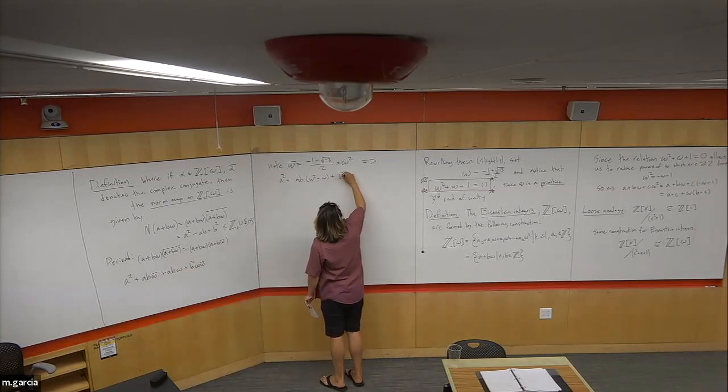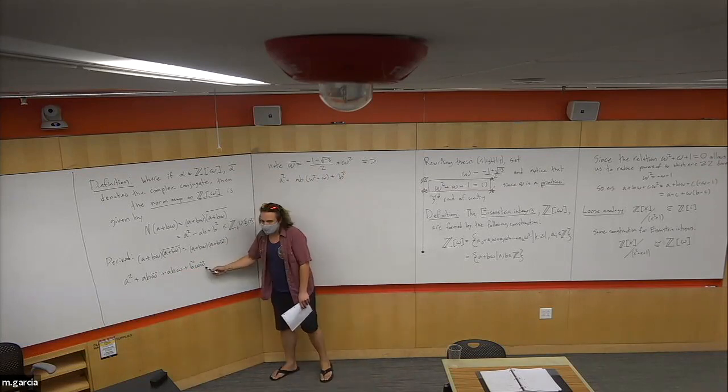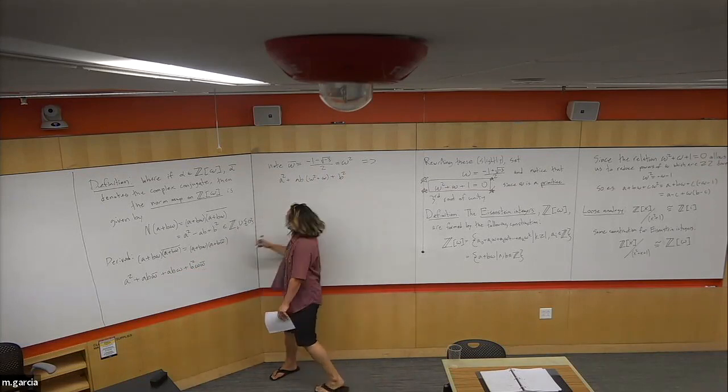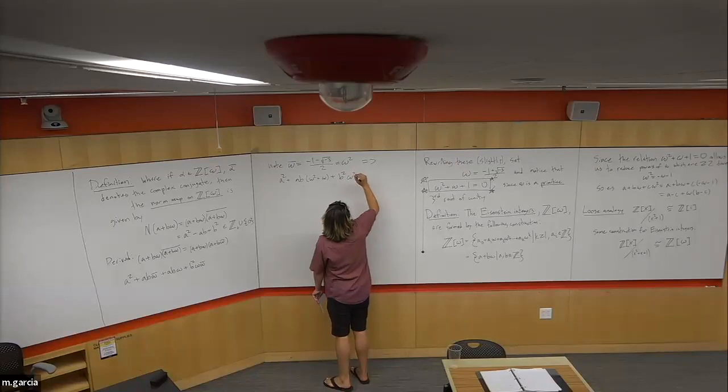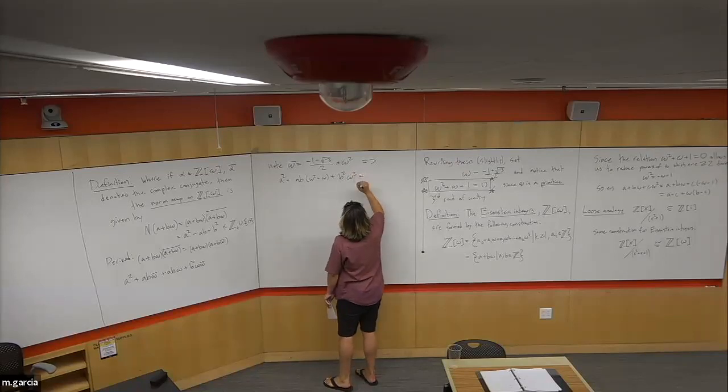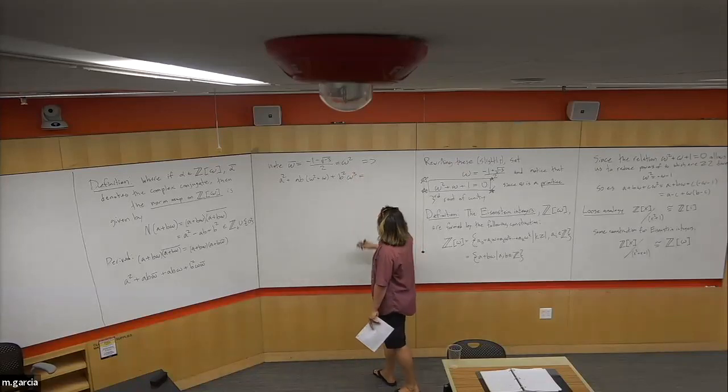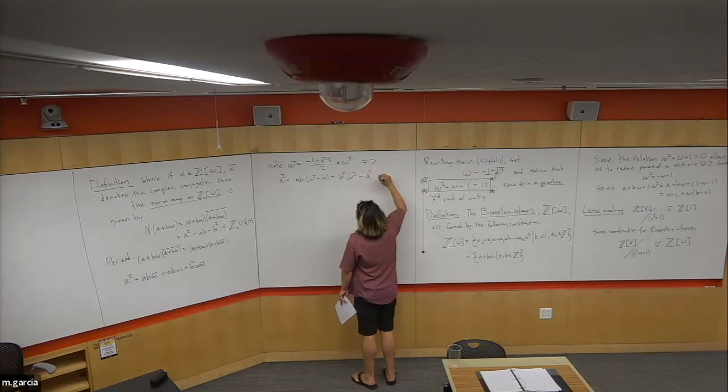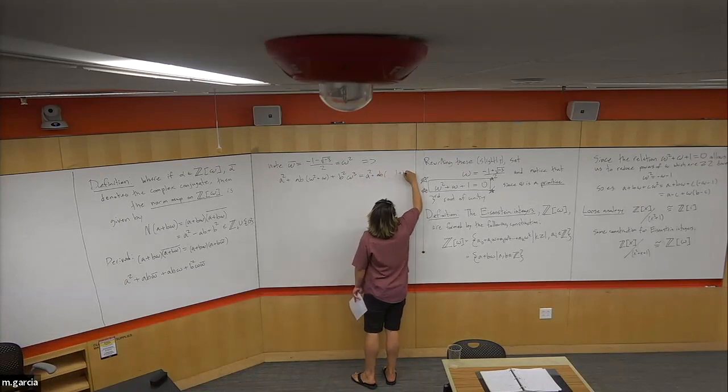Plus b squared, so we have omega bar is omega squared, we get omega cubed. Now, a squared stays as usual, plus ab times something, plus b squared.